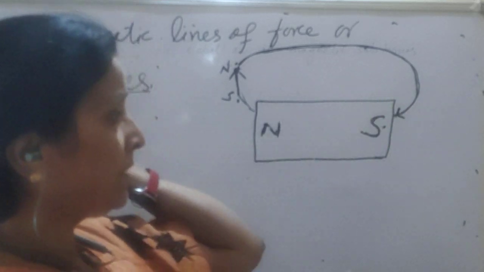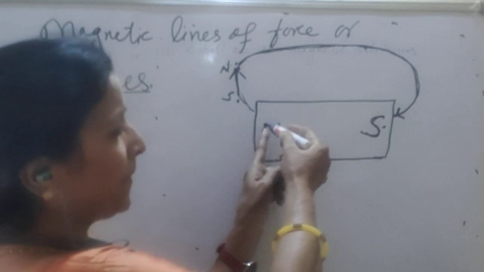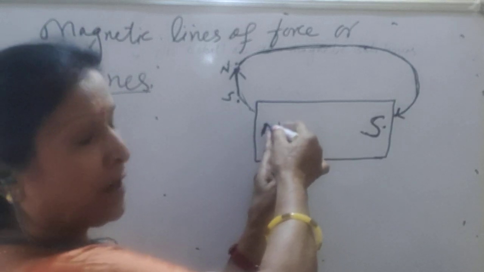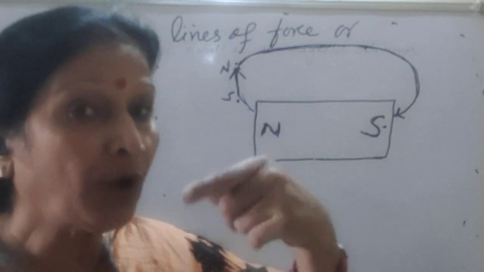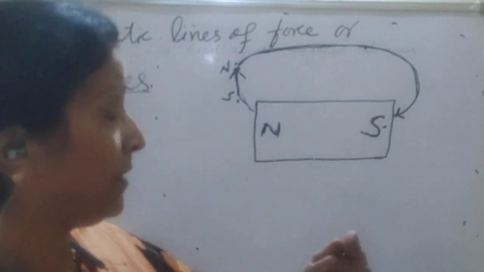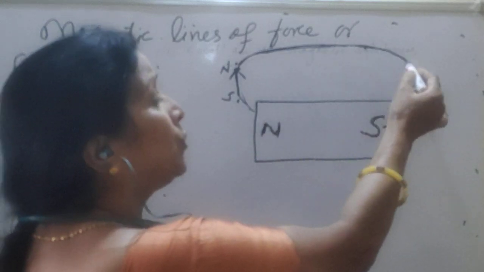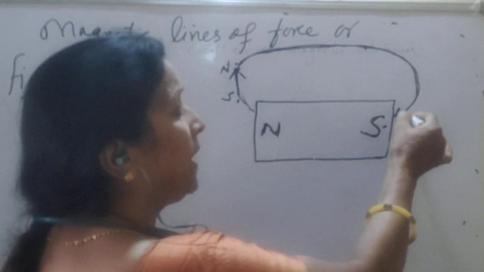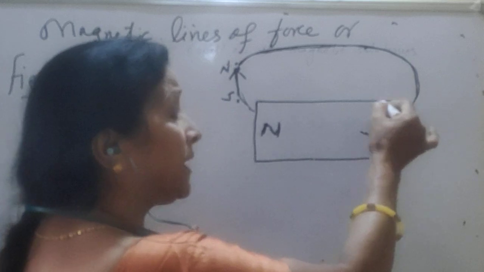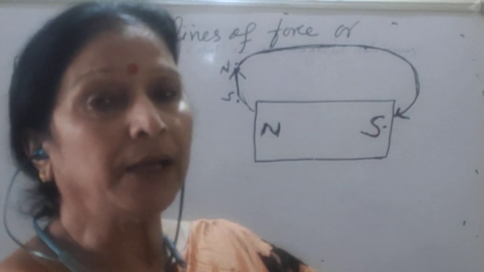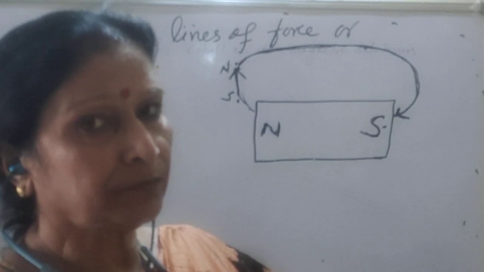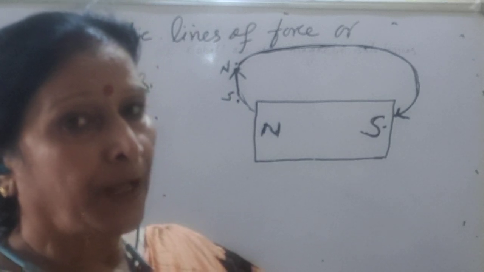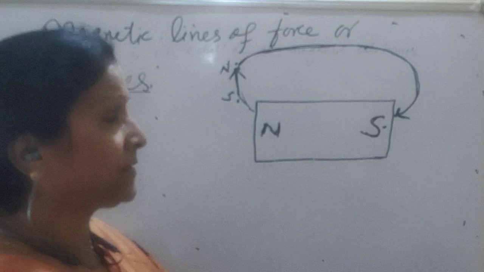So what happens is that due to the force of repulsion of this north pole and the force of attraction of this south pole on the north pole of the magnetic needle, the magnetic needle will move along this curved path, and this curved path we are getting is called a magnetic line of force. Is it clear, children? I think you would be understanding this thing.